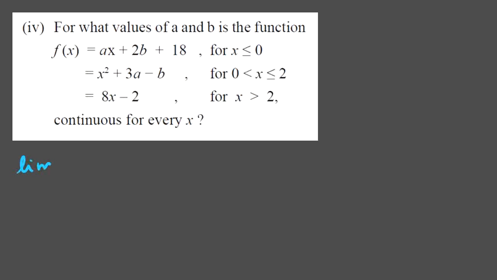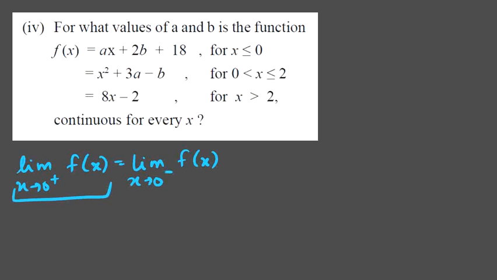So limit of x tends to 0 plus f of x should be equal to limit of x tends to 0 minus f of x. So for the right hand limit, that is when x is greater than 0, the function will be this. So we are writing f of x here as x square plus 3a minus b.